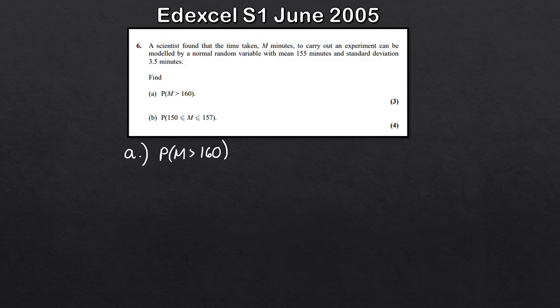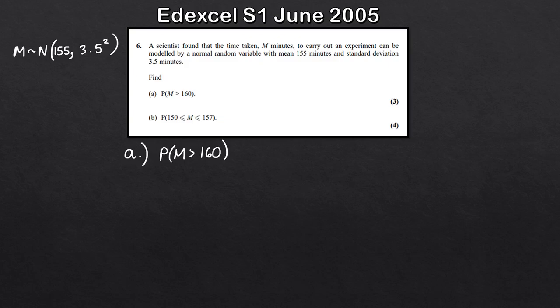So here now, all I do again is I just express this as a normal distribution, and I input everything into my calculator. So if we define the distribution here, it is a normal distribution with mean 155 and standard deviation 3.5 squared here. Okay, so that's our variance, so we'd square that for the standard deviation.